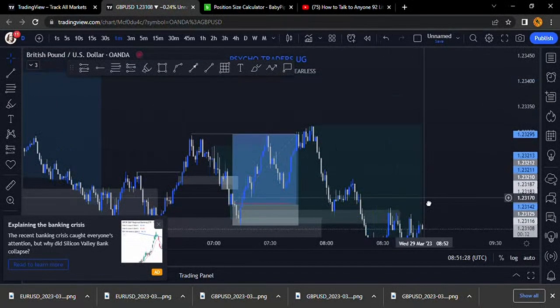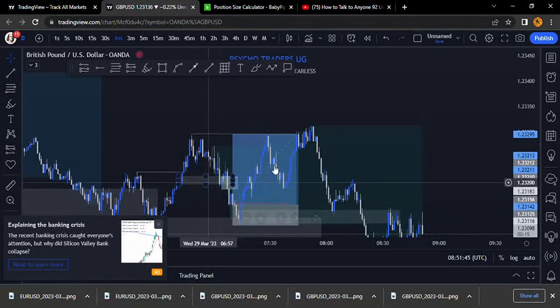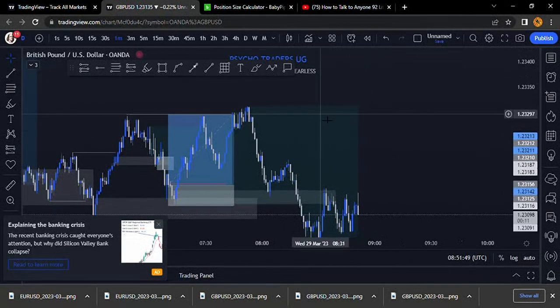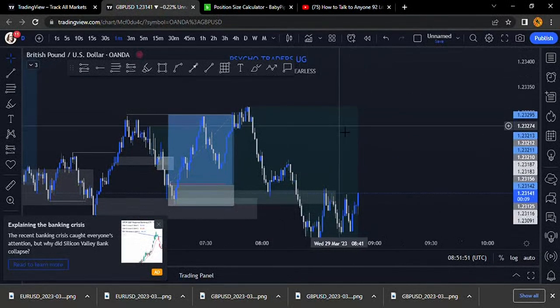When you're looking for confirmation, you look for two zones: the extreme zone and the zone that broke structure. But if you are in a structure narrative like right here, you can look for even zones in the middle which can support the Elliott wave theory.